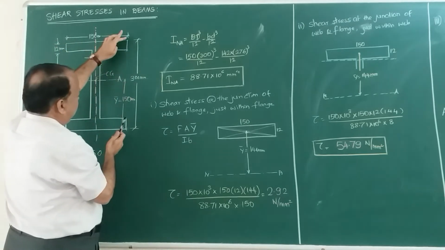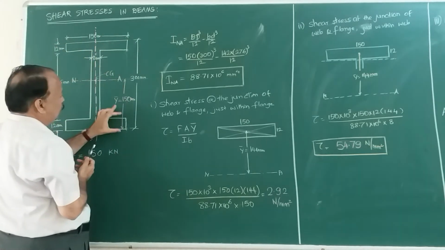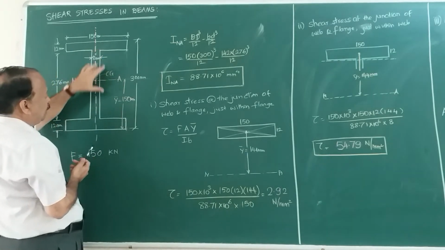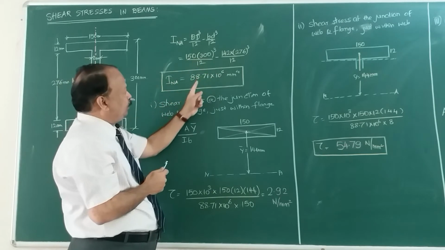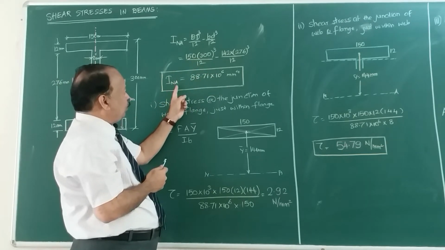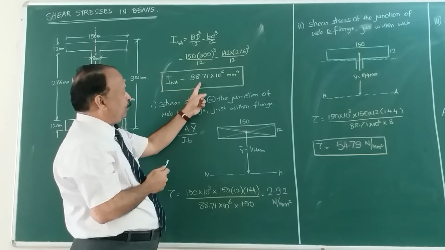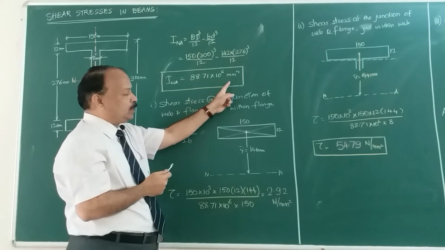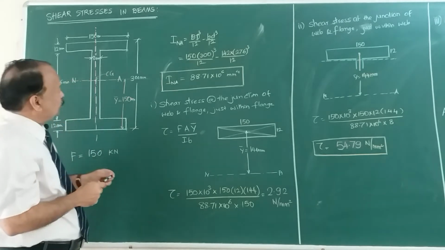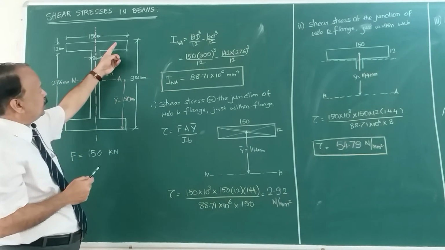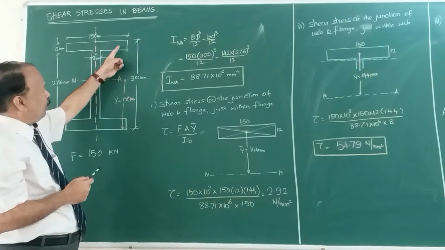Then 300 minus 24 will be 276, the height of the web. So calculating these things we get I about neutral axis equal to 88.71 into 10 raised to 6 millimeter raised to 4.